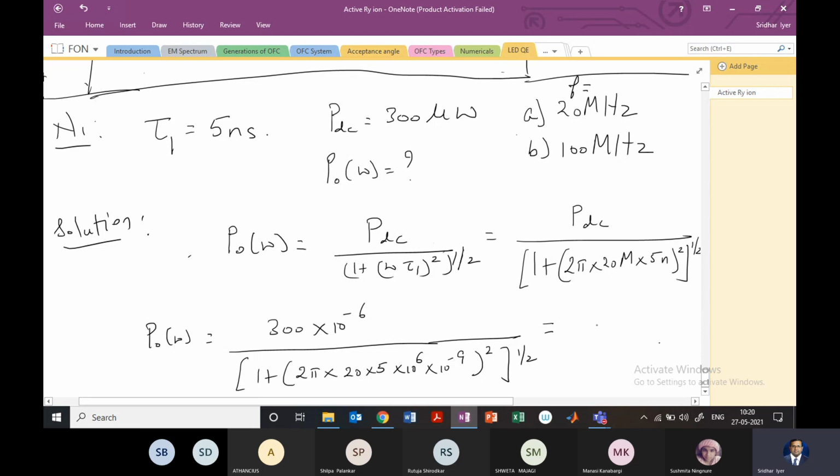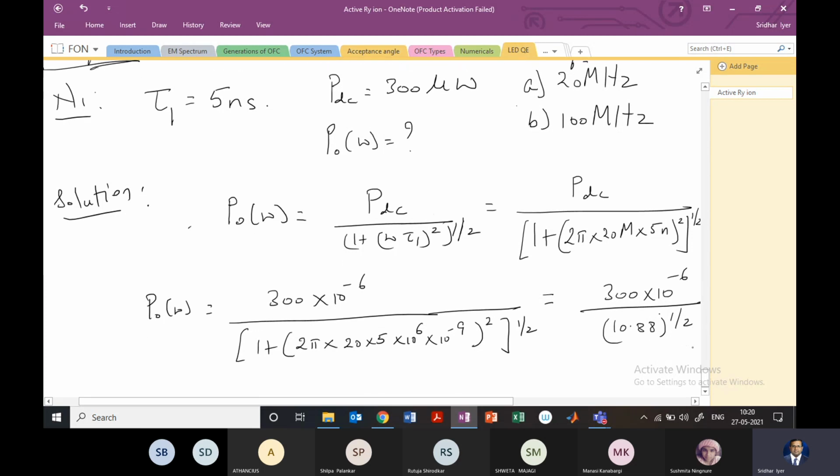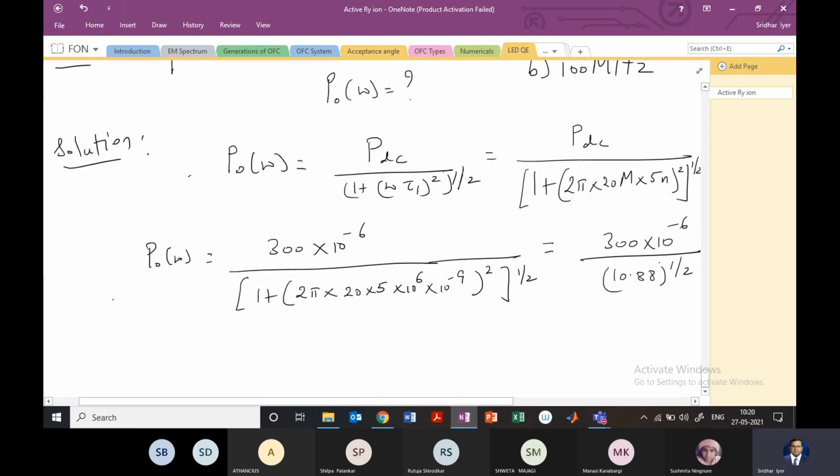So let's keep this as it is. Let's check the denominator. The denominator that I have is 1.88 raised to half. Do you get that in the denominator? Sorry, I made a mistake.